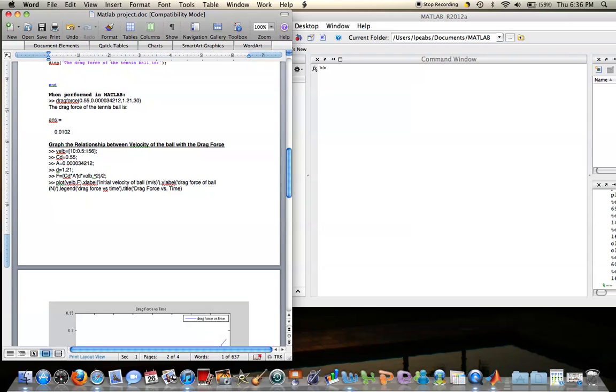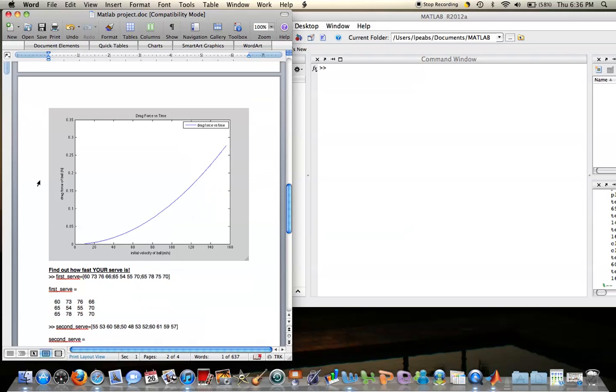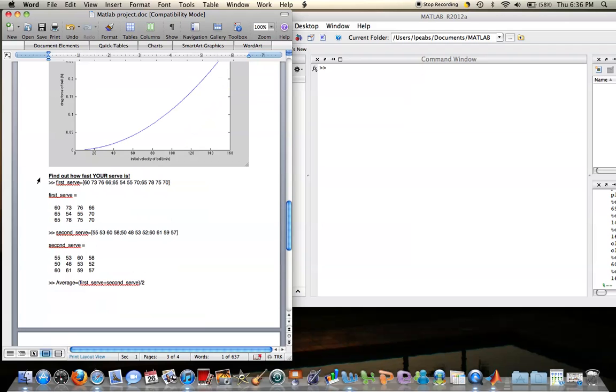And then I plotted the velocity of the ball versus the drag force, and it came out like this. As you can see, it's an exponential relationship between the initial velocity and drag force, which makes complete sense. Obviously, the faster the ball is going, the more of a drag force is going to happen against the ball, traveling in the opposite direction of which the ball is traveling.